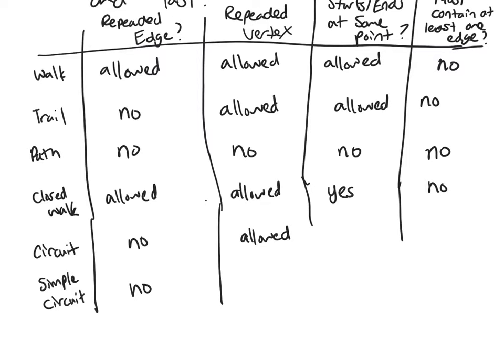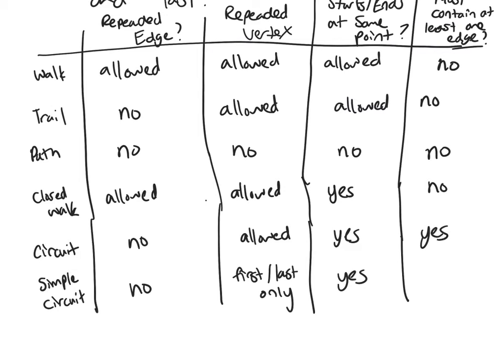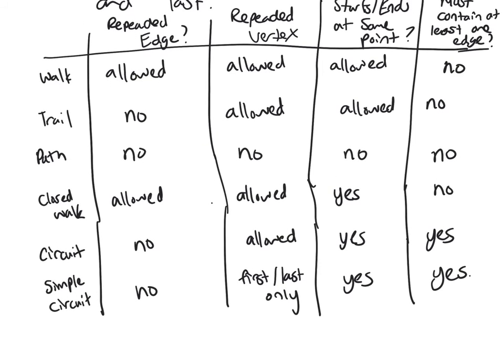It was allowed for a circuit to have a repeated vertex, but not a simple one, except the first and last only. Yes, they both started and ended at the same place, and yes, they must contain at least one edge. So that's kind of a quick chart that lets you see the differences really simply for these different types of objects.